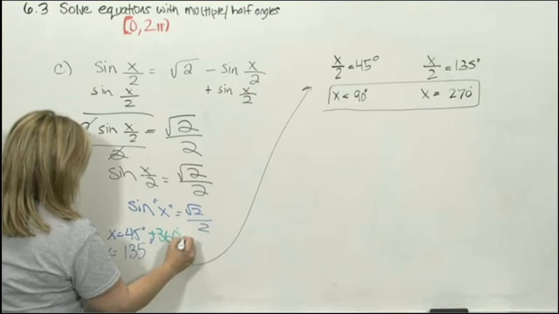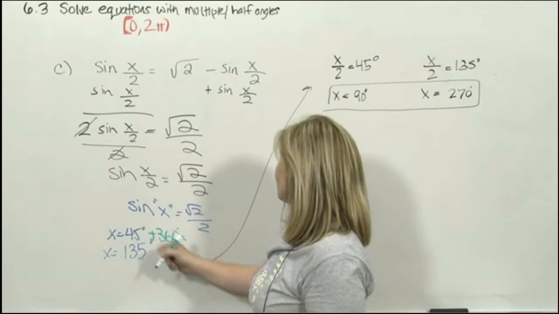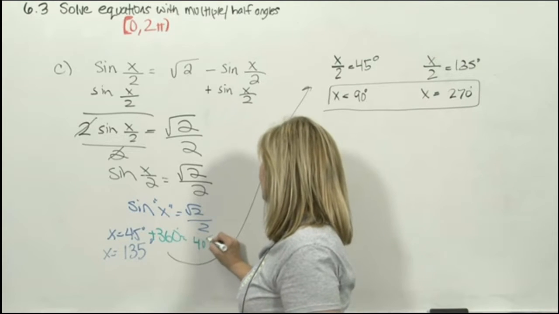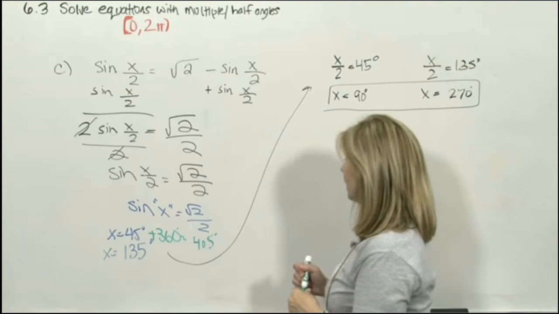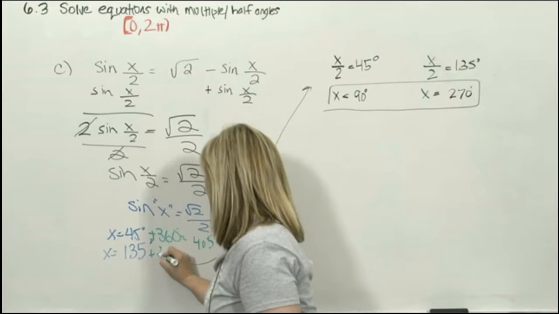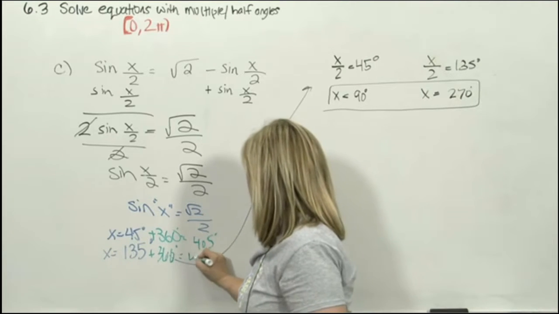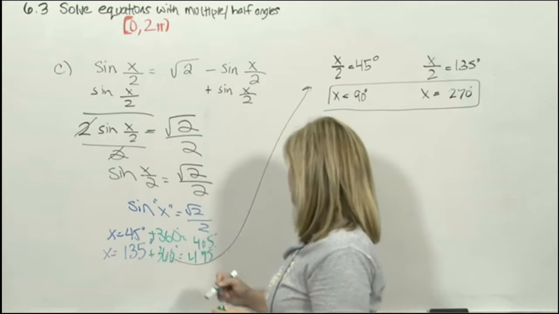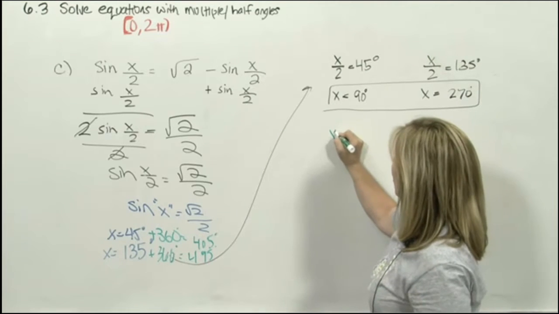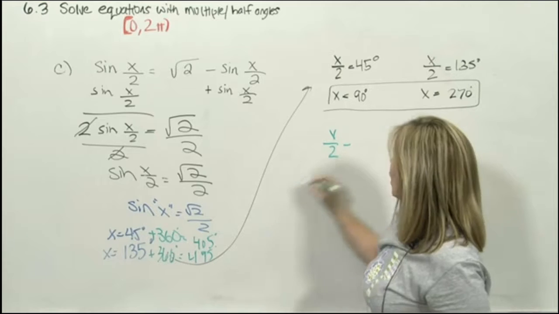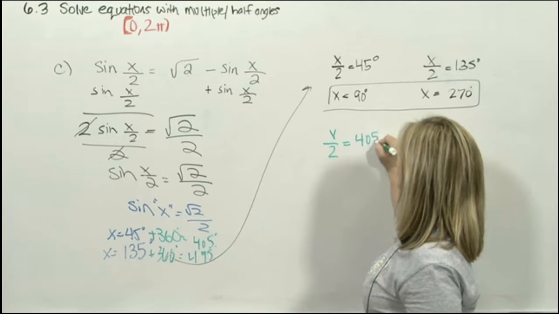If I add 360 to 45, I would get 405 degrees, right? And if I add 360 to 135, I would get 495 degrees.